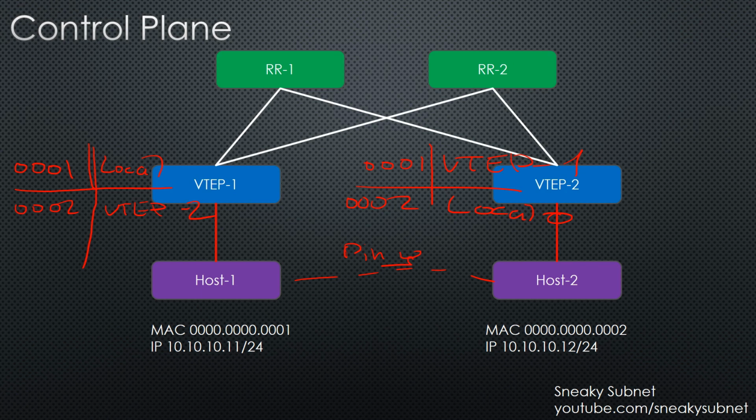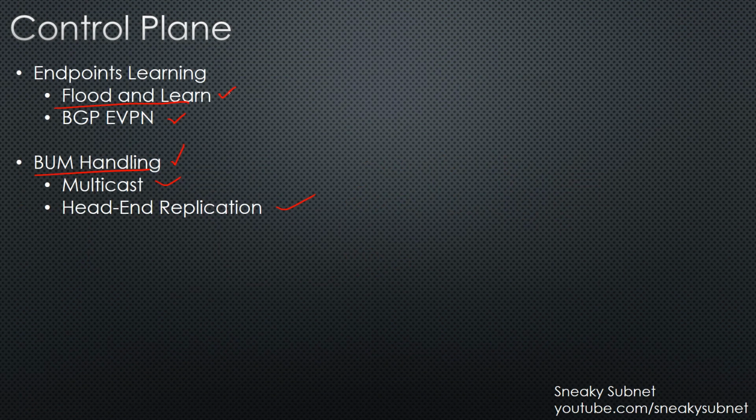So multicast was used only to make that initial ARP resolution. Now we discussed endpoint learning with the flood and learn mechanism. We discussed how broadcast, non-unicast and multicast traffic is handled with multicast.